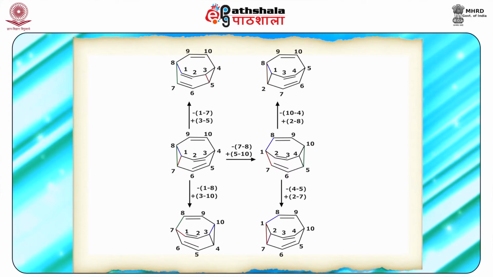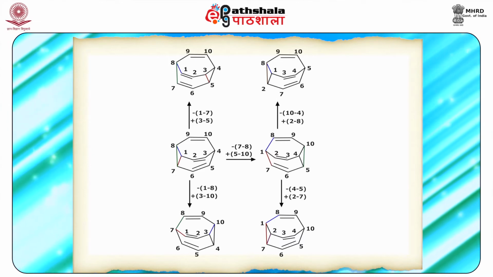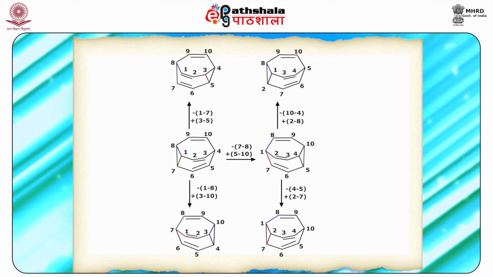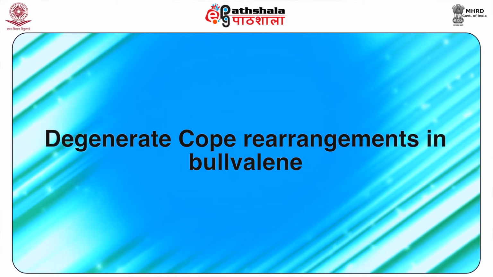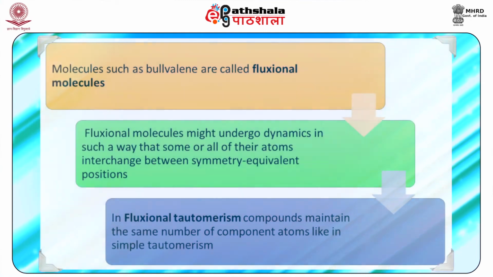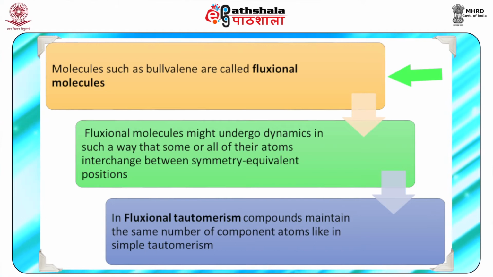The mentioned reaction is known as infinitely degenerate Cope rearrangement, which shows the degenerate Cope rearrangements in bullvalene.